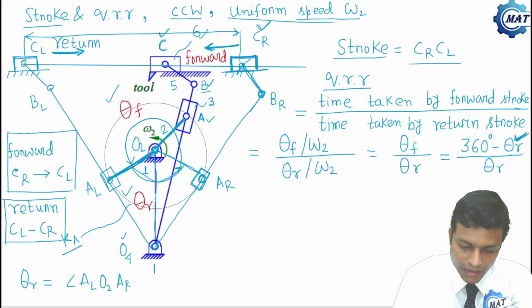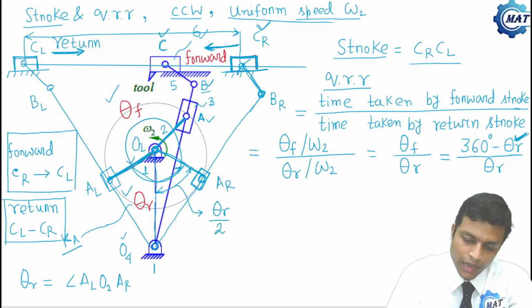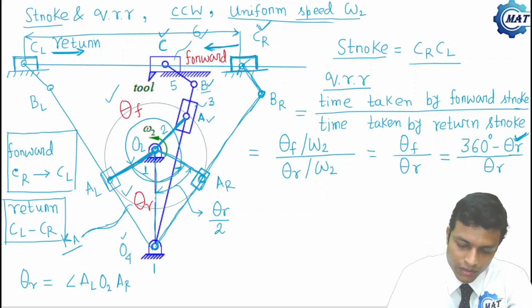Now this angle is nothing but half of theta R. So this is theta R by 2. And O4BR is tangent to circle KA. So this angle is 90 degree. Similarly, this is also 90 degree.